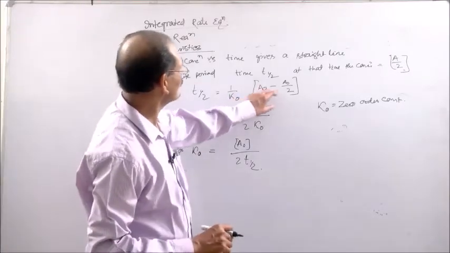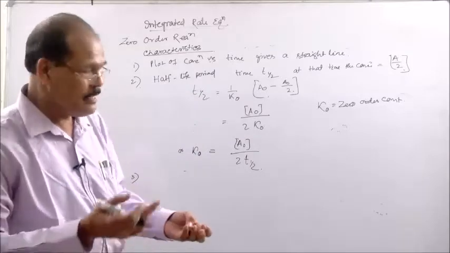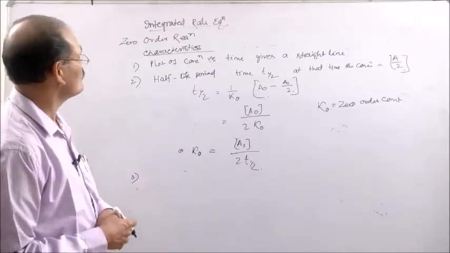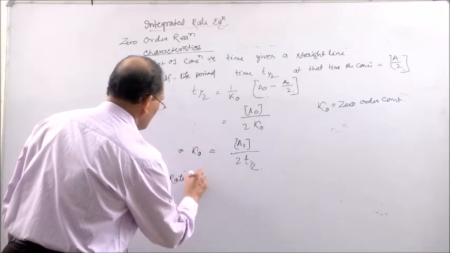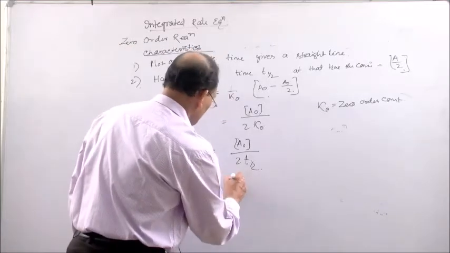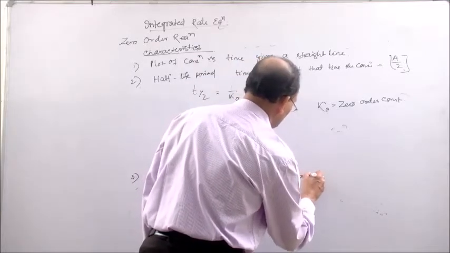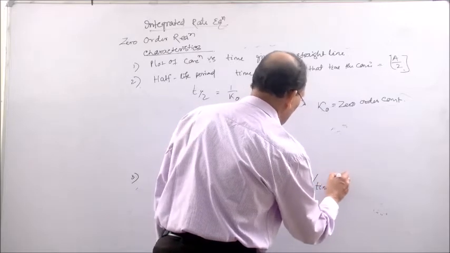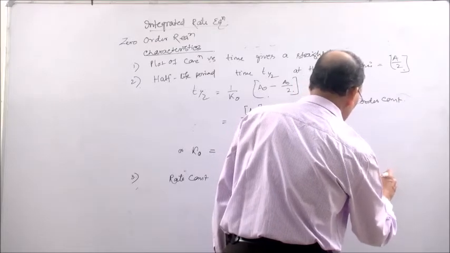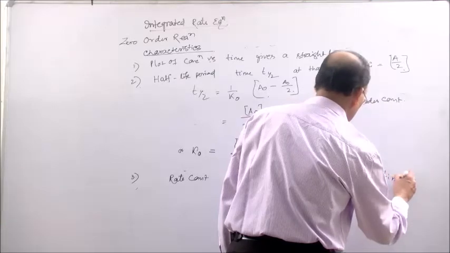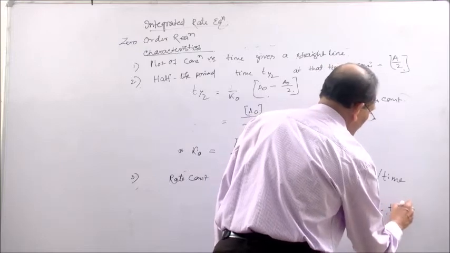As there are concentration terms and time is in days, minutes, like that, the rate constant depends upon concentration per time, or it is mole per liter per time, that is equal to mole into liter inverse into time inverse.